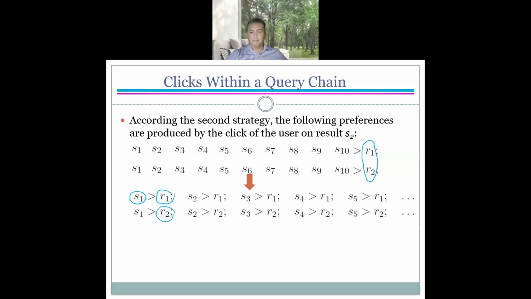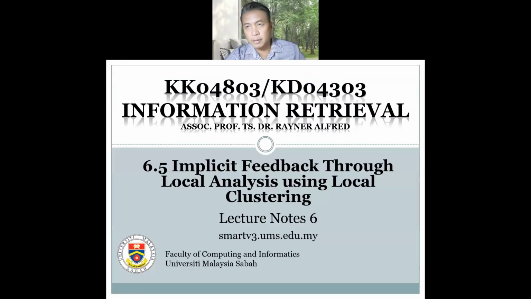So this is what we can conclude here. Any questions? The main ingredient for this lecture is the Rocchio method. The idea is how do we move the query towards the relevant documents and away from the non-relevant documents.